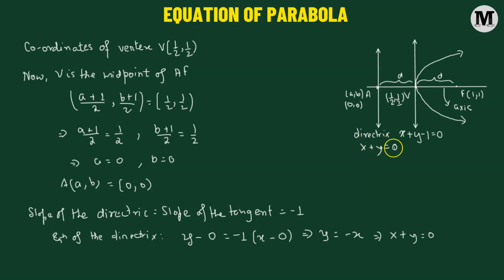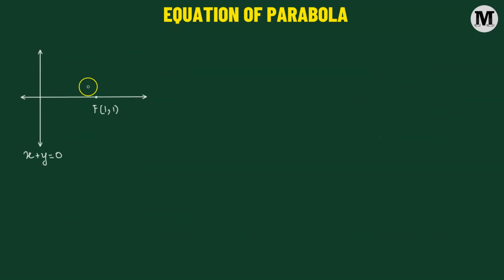So now we have the equation of the directrix, we have the coordinates of the focus, we have all that we need to obtain the equation of the parabola. So let us begin. So here we have the directrix, x plus y equals 0, and the coordinates of the focus 1, 1. To find out the equation of the parabola, we're going to consider a point P with the coordinates x, y. P is going to be the locus of the parabola.